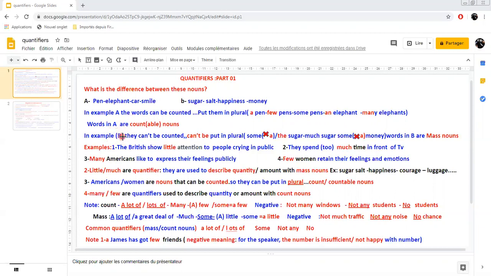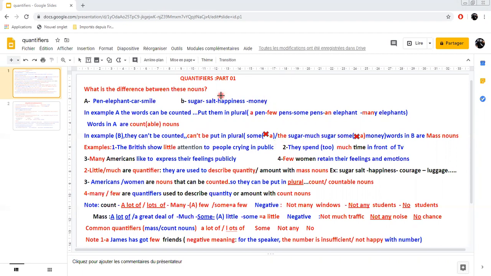In example B, all the words cannot be counted. So we cannot put them in the plural, of course. We don't say sugars in English, and we don't say a sugar, or a money. So we can say some sugar, yes, the sugar, yes, but not a sugar.